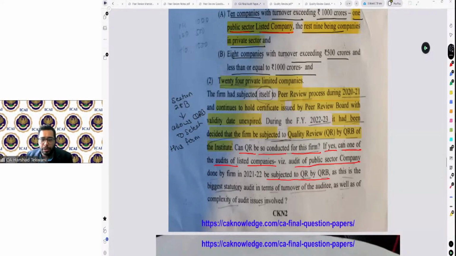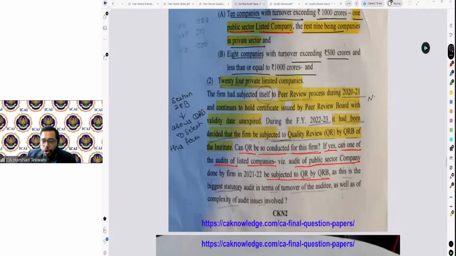Now the second question, if yes, can one of the audit of the listed companies, audit of the public sector company done by the firm in 21-22 be subject of quality review by the quality review board?